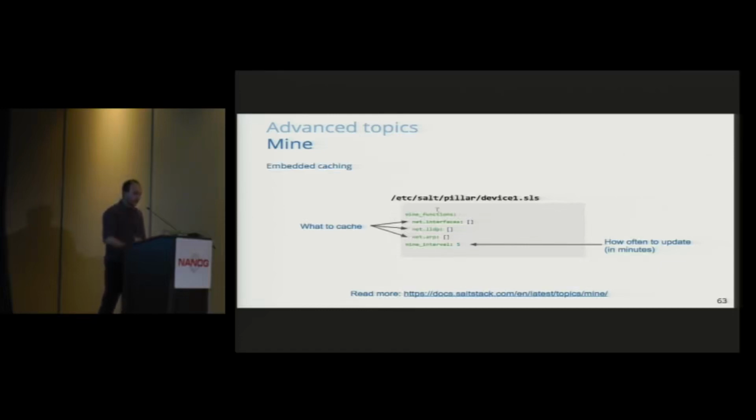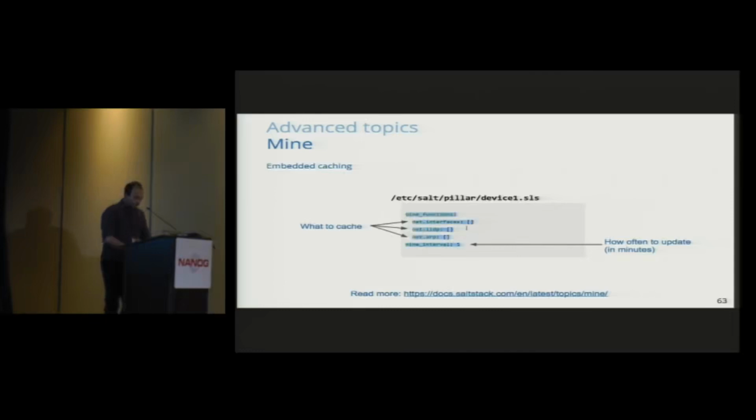You only need to say, cache me these functions. You say mine functions, and then the functions you want to be cached are those we have run a couple of times, net.interfaces, LLDP, ARP, or any other command you need. And then you specify how often this data should be refreshed.